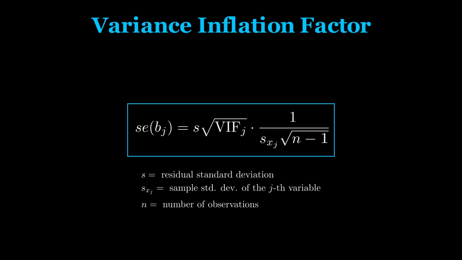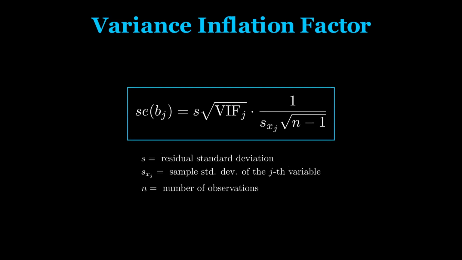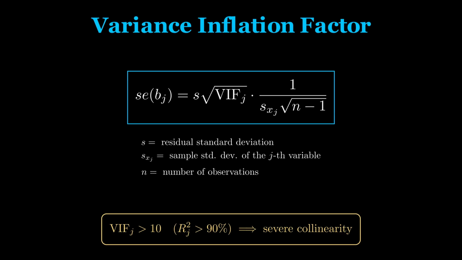From this equation, we can see that a larger VIF sub j directly inflates the standard error of the corresponding coefficient b sub j. As a rule of thumb, when VIF sub j exceeds 10, corresponding to r² sub j greater than 90%, severe collinearity exists and corrective action is needed.